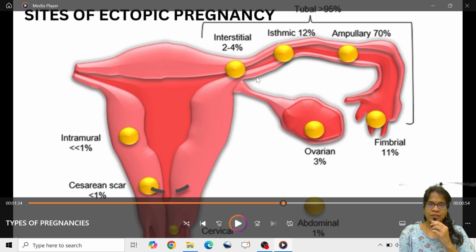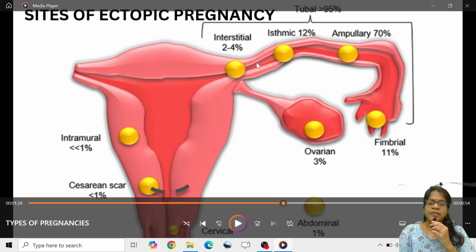Here, see, if a baby is growing in the interstitial part of your tube instead of growing in the uterus, the survival capacity is comparatively more than in the region where the baby is growing in the ampullary region. If you can understand, the zygote and the embryo only need the endometrium deposition for holding, right? If endometrium is deposited outside the uterus, it could be in the interstitial part or the ampullary part, right?